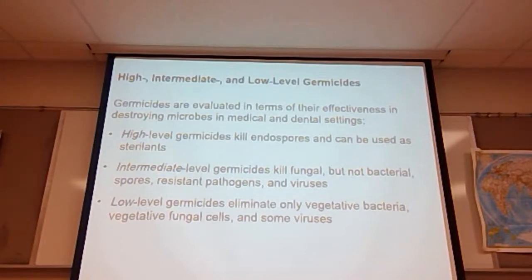Basically, you can get both of these and these at your local Target or Family Dollar. The difference is cost. These are going to tend to be more expensive than these. You can easily look at the label. The labeling that we have on products now will tell you the active ingredient. It will also tell you what organisms it is effective against.